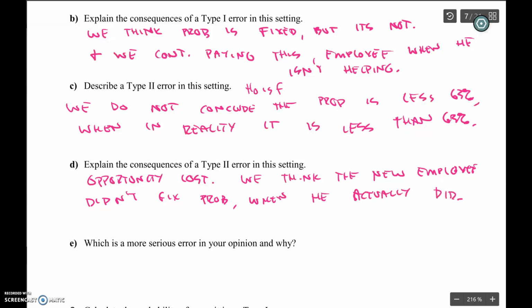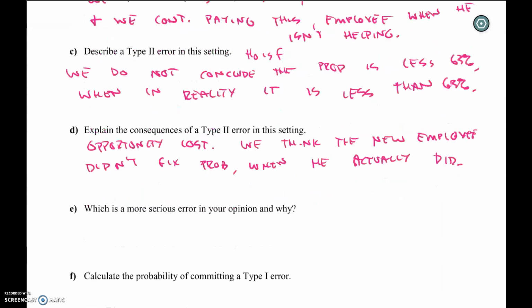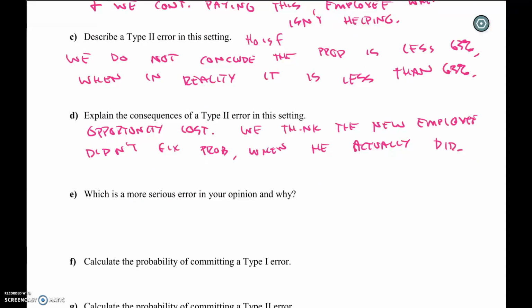However, we'll probably keep looking for solutions because we still know the problem exists. It's just that hiring this extra employee helped, and we don't know it. So opportunity lost, but I think the key point is we still know that there's a problem. So we're going to look for other solutions, maybe even better solutions.